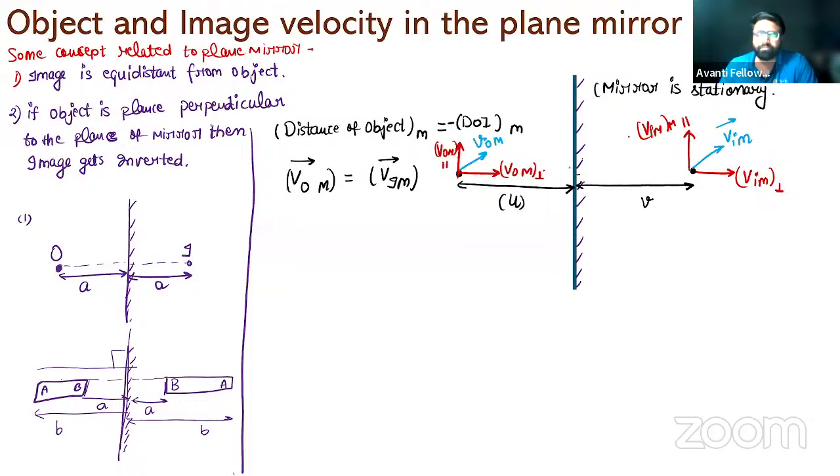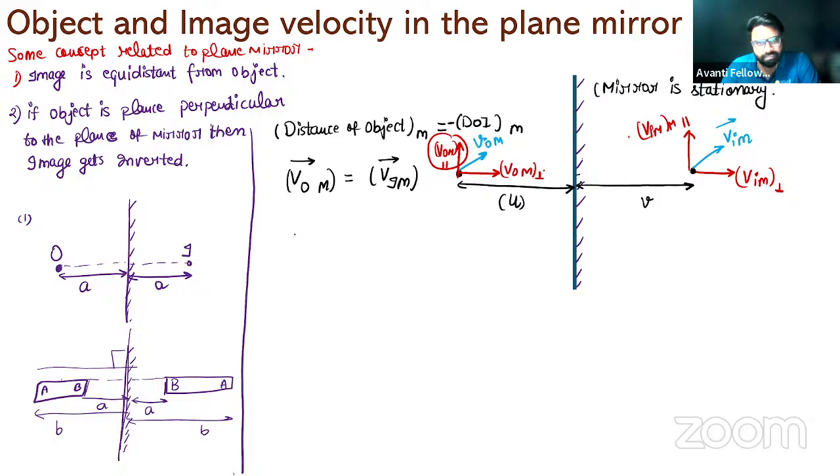Okay. So it is very clear that if the mirror is not moving, then the velocity of the object parallel: if this is my mirror and this is my object, if I move the object up and down, then the image will also move along with it, right? The higher you take the object, the higher the image will form, on the condition that the mirror is stationary. So the mirror is here, this is the object, and it is moving up and down, so the image will form and move up and down in the same direction.